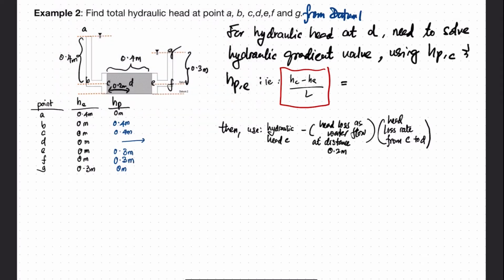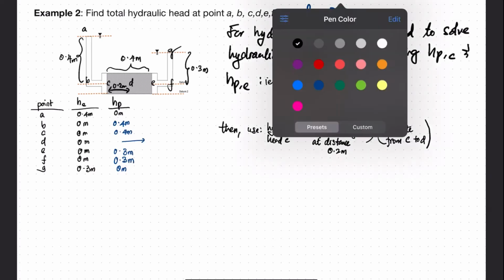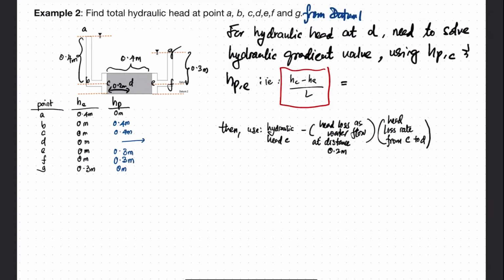HC is 0.4 meter, and HE here is 0.3 meter. Deduct by 0.3 meter, divided by L.